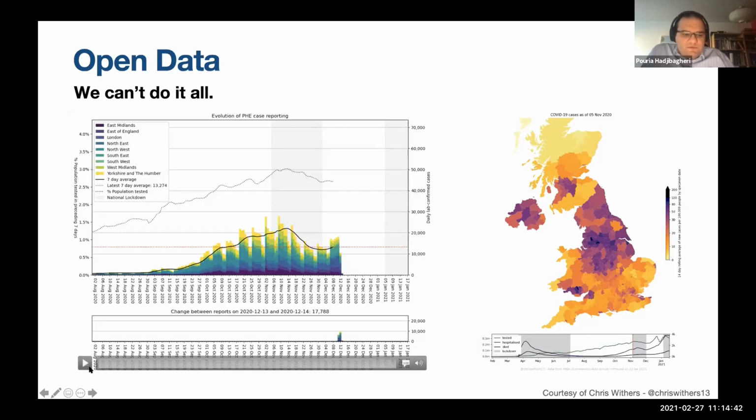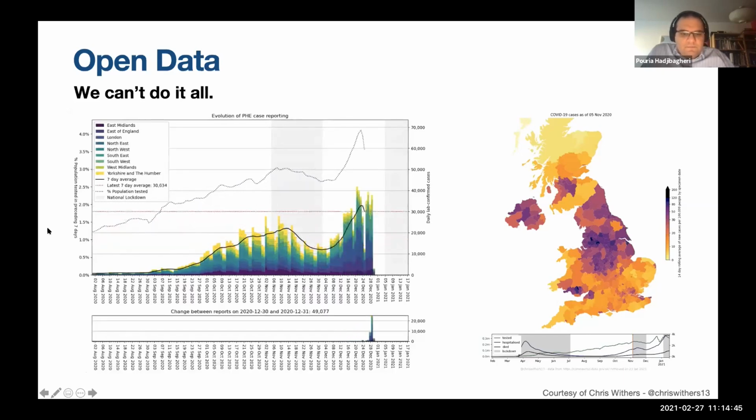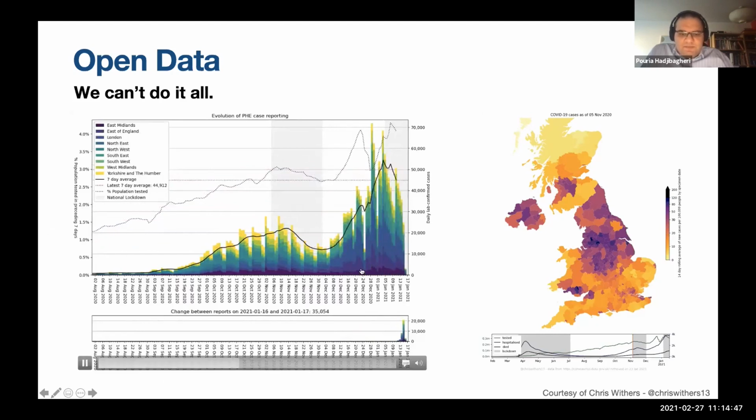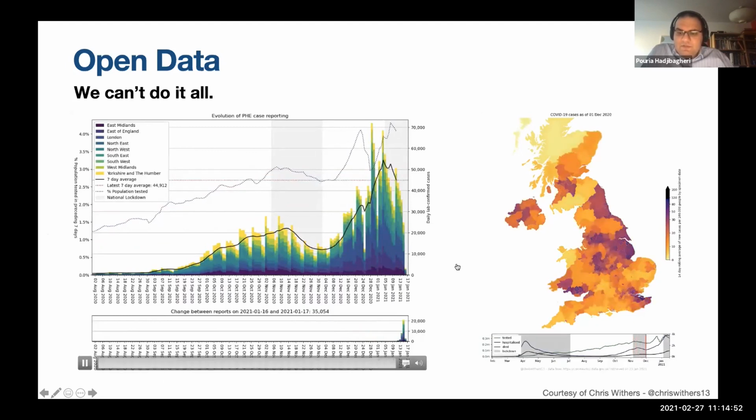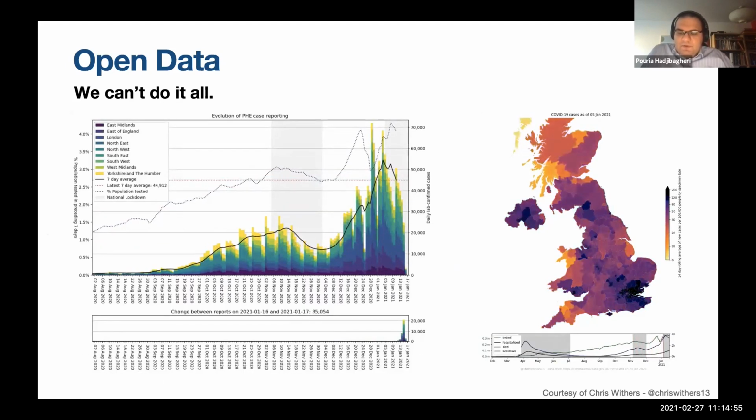So this is very interesting. This is a difference in our daily publication of cases by specimen date, done by a member of the public. This is a daily changing number of cases at MSOA level in an animated daily animation, which is not something we can really produce, because you can't show this on a website unless you create a GIF animation or a movie out of it, and that's not really something you would show on a dashboard service.